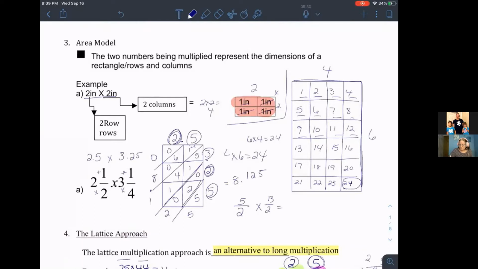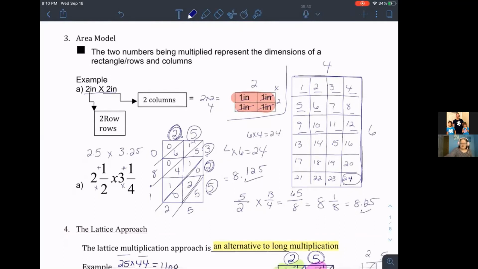So 5 times 13 is 65, and 2 times 4, I don't know what I'm doing. It's late. 2 times 4 is 8, so that would give us 8 and an eighth, which is the same thing as saying 8.125. So it checks out.